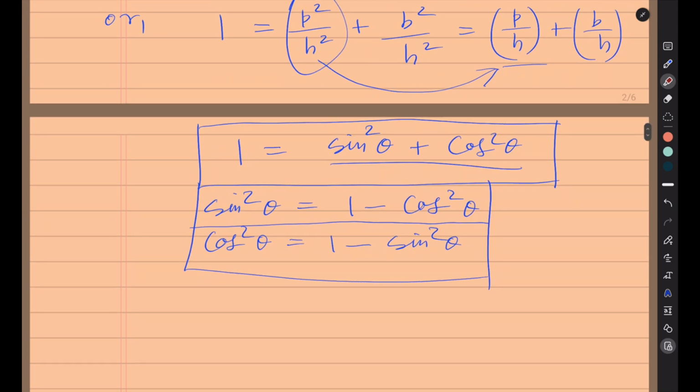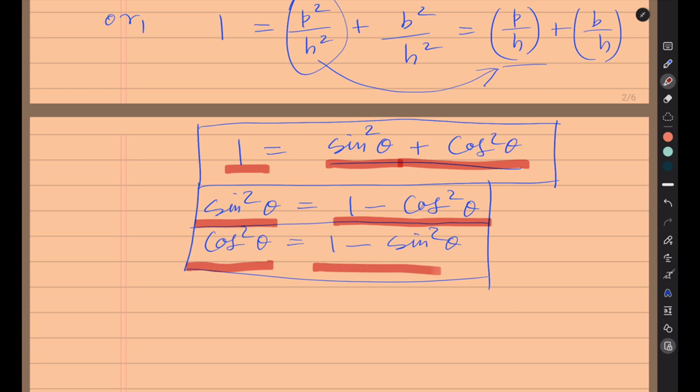And then we got one basic relationship, that is sine square theta plus cos square theta is equal to 1. And then we can say that sine square theta will be equal to 1 minus cos square theta, and cos square theta will be 1 minus sine square theta. So these are the basic things which we have learned.